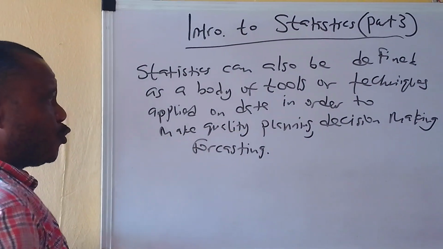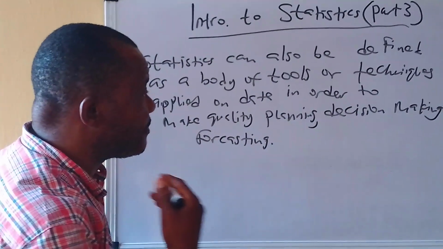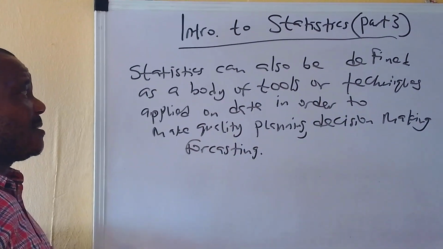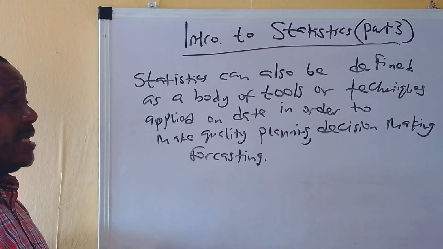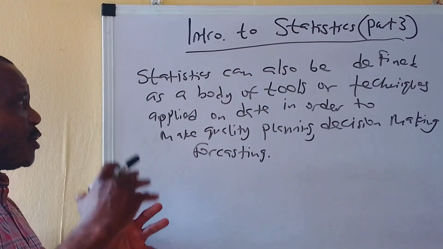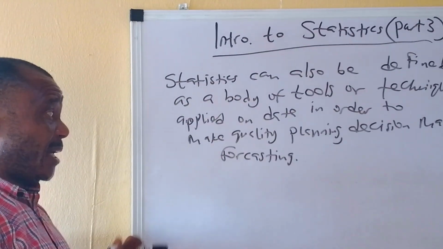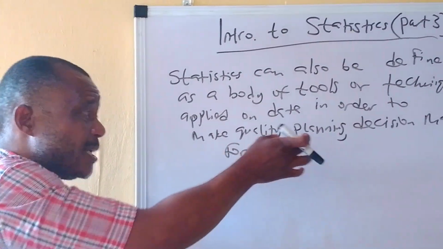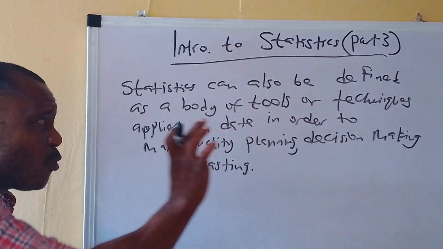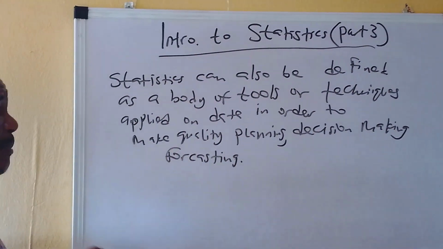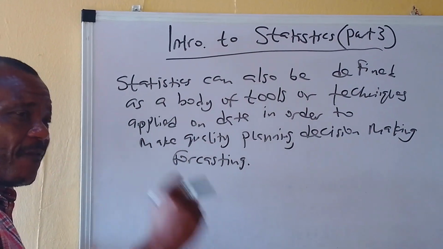This is a major definition of statistics. It's a body of tools, a body of methods, a body of techniques applied on data in order to make, number 1, quality planning, number 2, quality decision making, and number 3, quality forecasting.